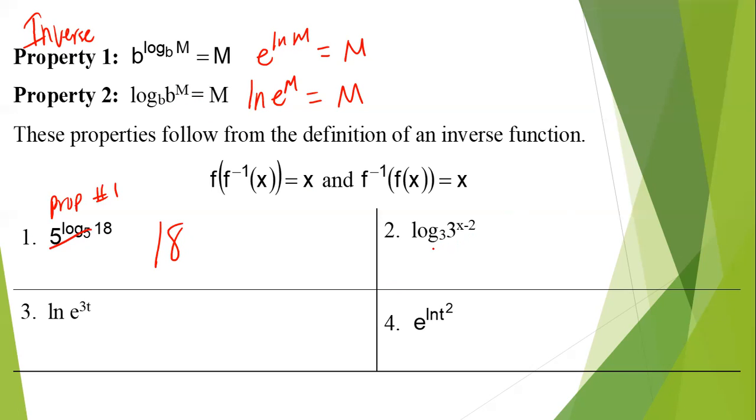All right, here we have log base 3 of 3 to the x minus 2. The base of my log is the same as the base of my exponent. They're going to cancel each other out, which is what property number 2 is telling you. And all I'm left with is x minus 2.